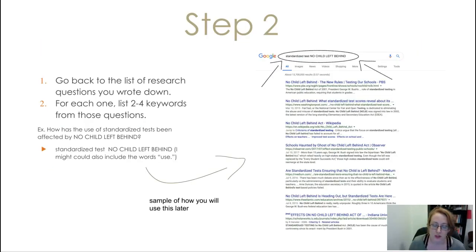What I would then do is pull out standardized test and probably No Child Left Behind. I might include the word use because I might get some different results. And then what we're going to be doing later is taking these terms and searching those specifically to get a set of results that really focuses on that smaller research question and not just the big LOI.